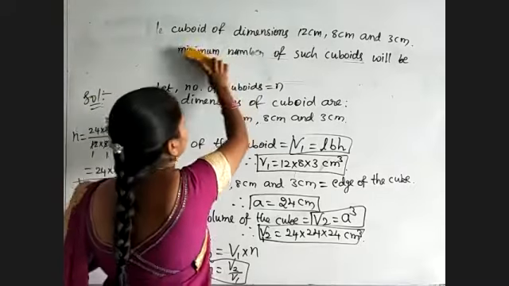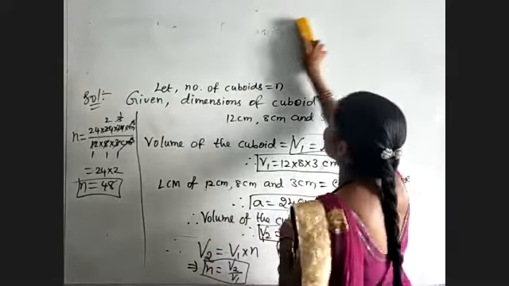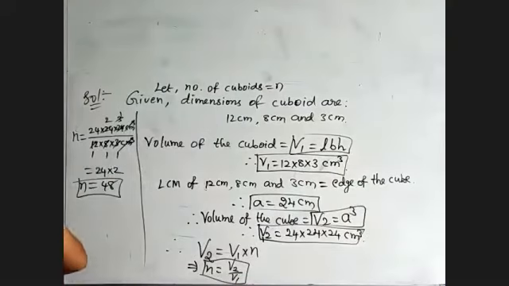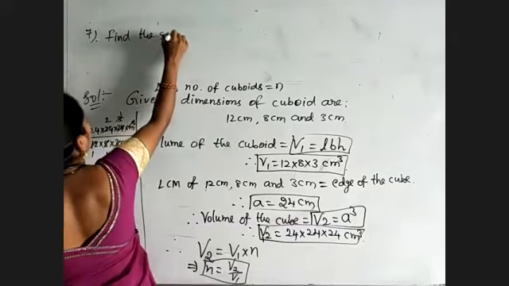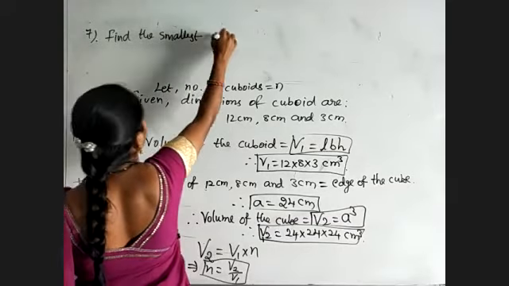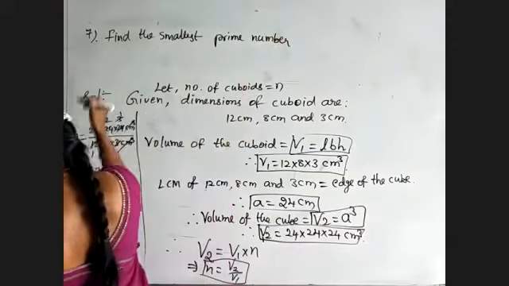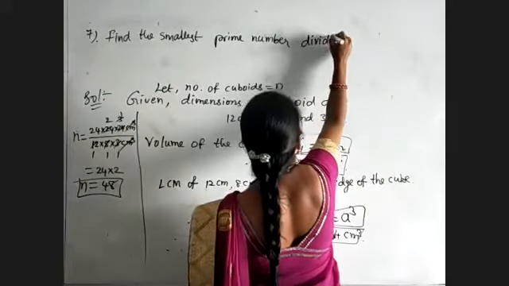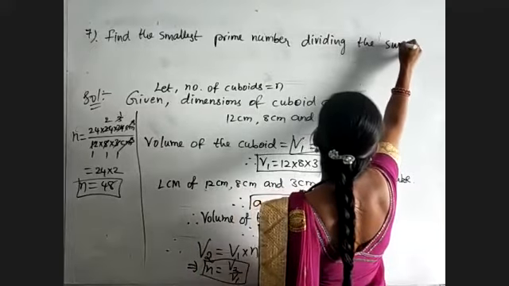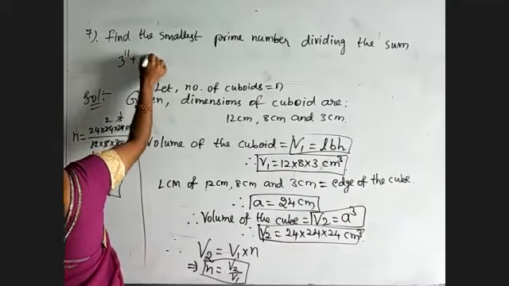Now coming to the last question from this exercise. Find the smallest prime number dividing the sum 3 power 11 plus 5 to the power of 13.